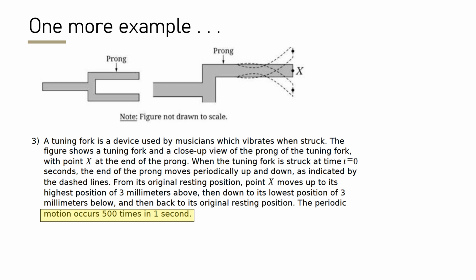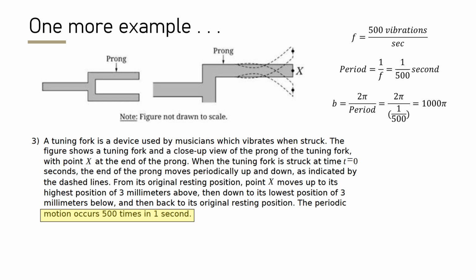A lot of people are still missing that they're giving you the frequency here, 5 times in a second. That means seconds in the denominator, and that's the inverse of what we need. They're giving you 500 vibrations per second. So the period's 1/500 seconds. And then you can solve for your b is 1000 pi.